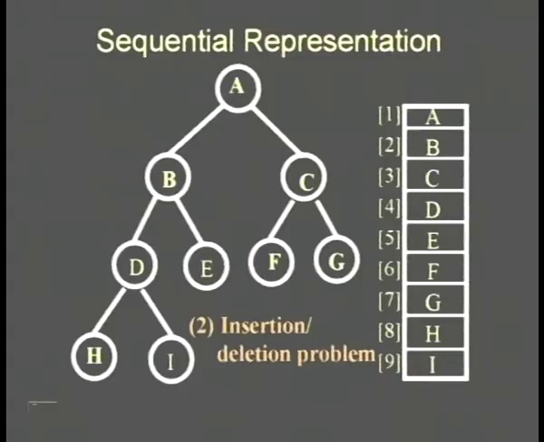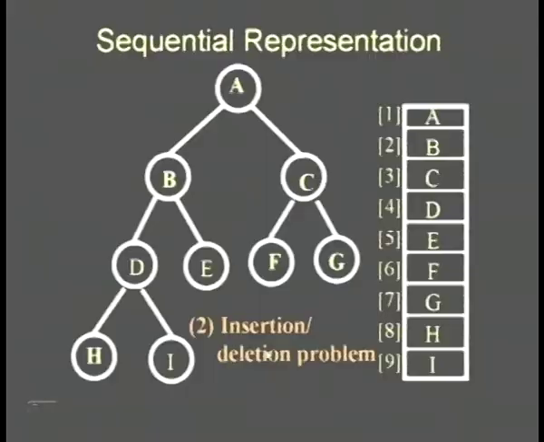So this is another example of an array representation where we are assuming an almost complete tree. We said that for a complete tree it is very good, so let us look at a complete tree. It is not a full tree. You remember the difference between a complete tree and a full tree.